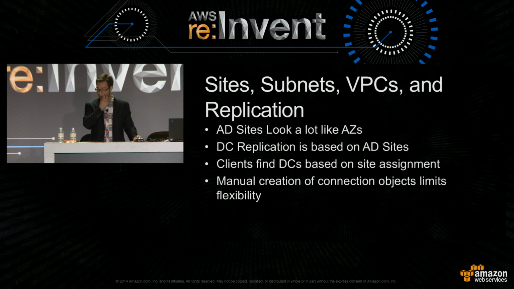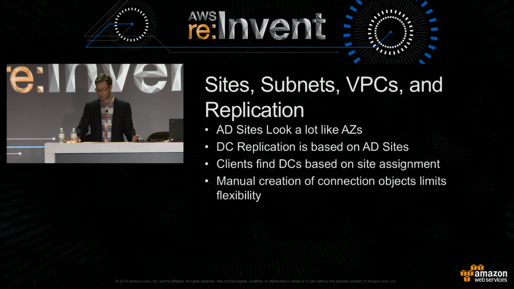The AD site topology is generated by the Active Directory Knowledge Consistency Checker, the KCC. The KCC builds connection objects between domain controllers and between sites. These objects influence Active Directory replication so that AD replication achieves the best balance between the speed of replication and heaviness of replication, the cost of replication across a WAN link.